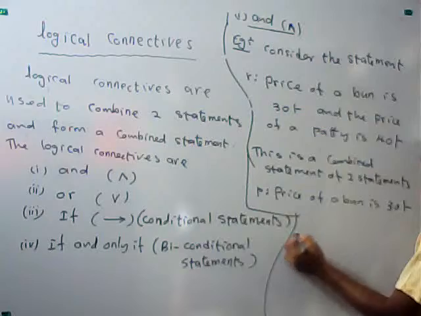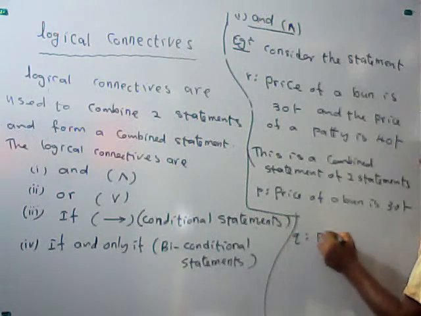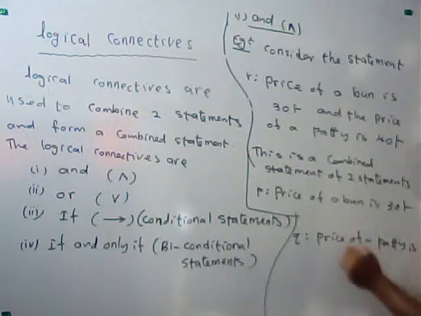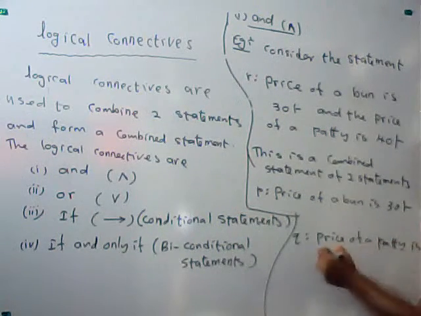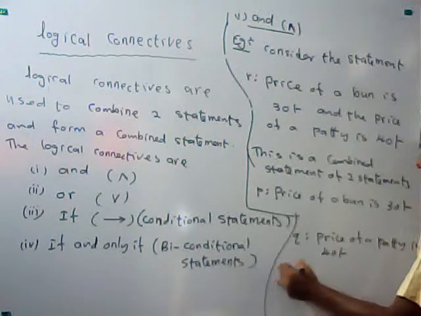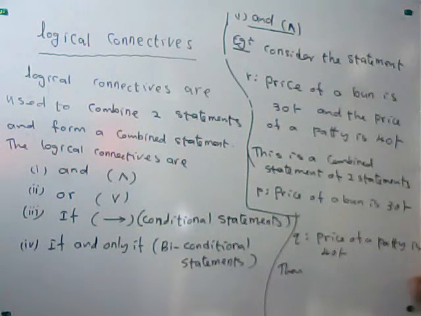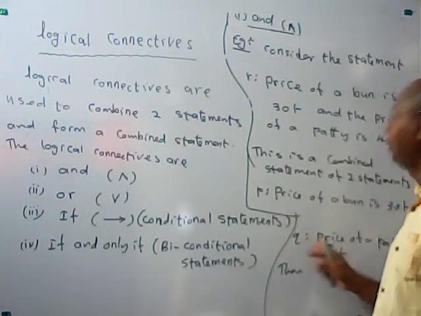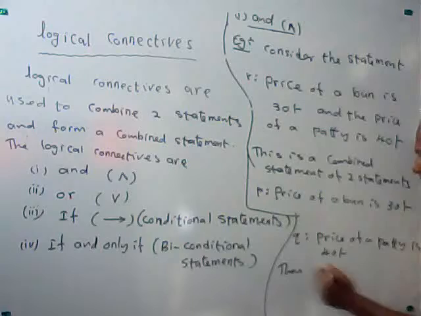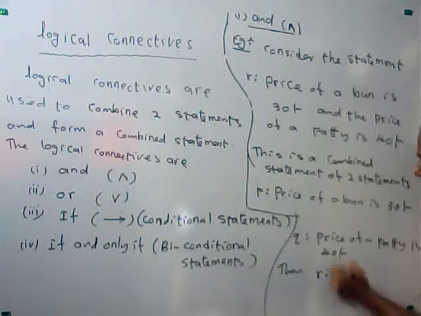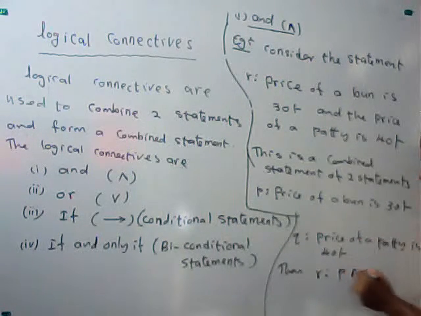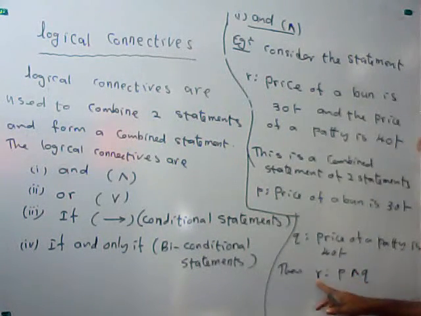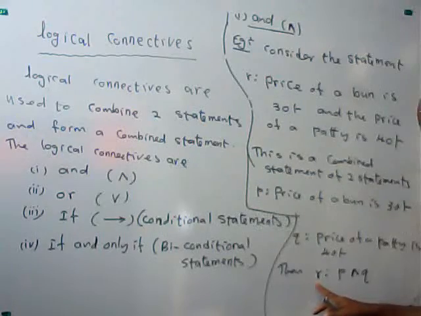And the other statement Q: the price of a patty is 40 rupees. If you define two statements P and Q like this, then R is equal to P and Q. Two statements P, Q are connected via "and" to form the combined statement R, right?